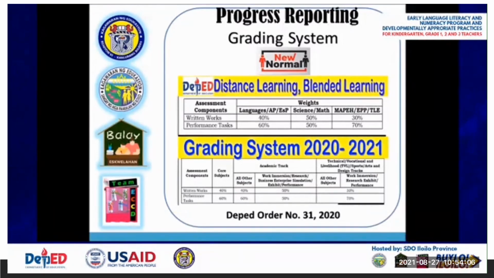According to DepEd Order number 31, series of 2020, or the interim guidelines for assessment and grading in light of the Basic Education Learning Continuity Plan, to evaluate students' learning at particular points in each quarter, summative assessment shall continue in the form of written works and performance tasks.